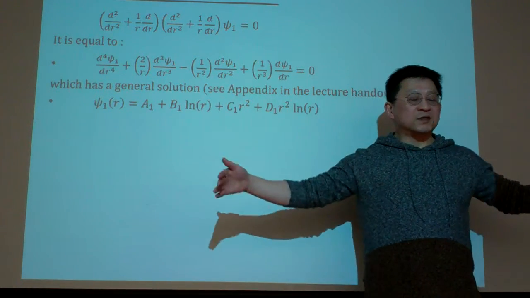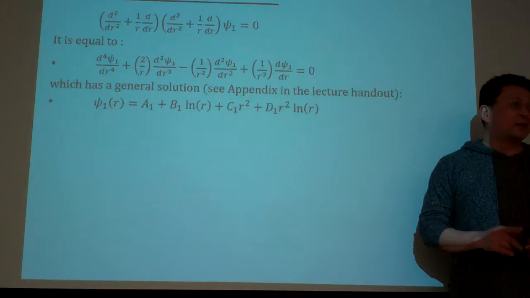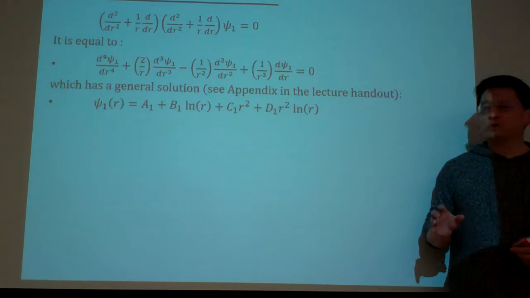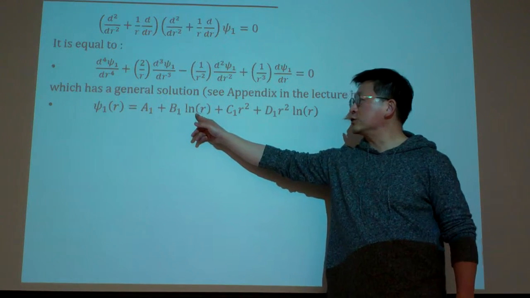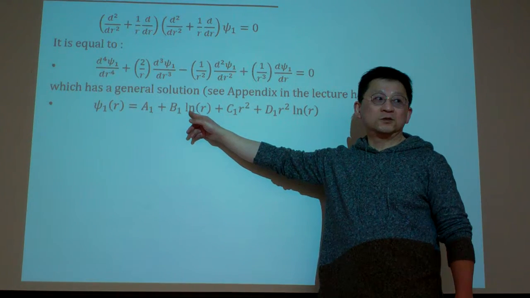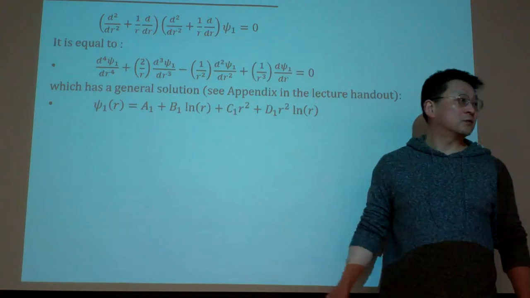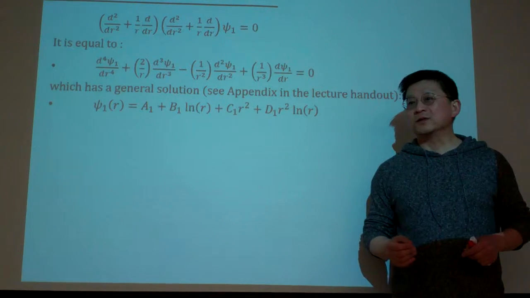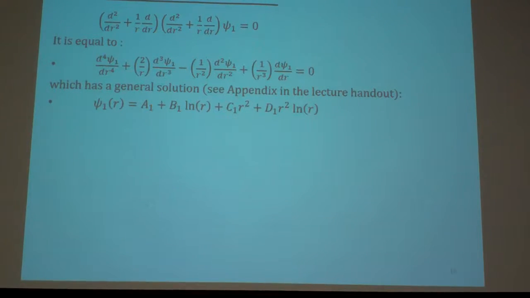At that remote site, the distribution of the stress is still finite. So any term that leads to infinity when R approaches infinity, like this one, means B1 must be equal to 0 to make it physically practical. Keep that in mind, but we leave that for later. Right now, talking about this is too early. So that is the V1.